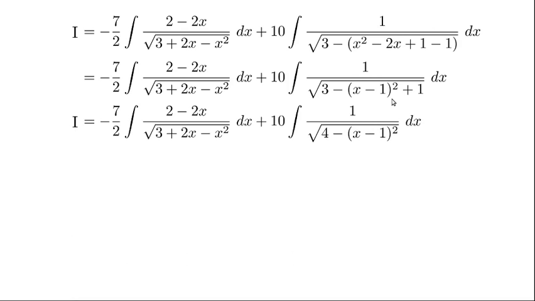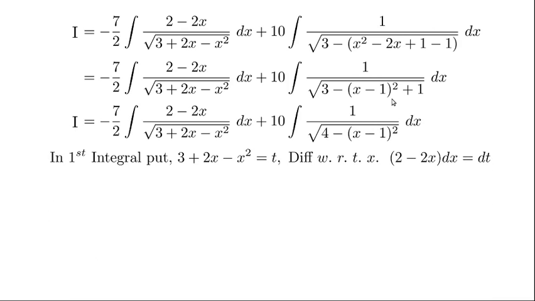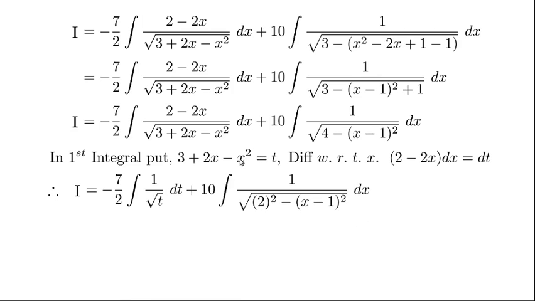And that 4 is written as 2 square. Before that, we substitute for the first part. So in the first part of the integral, put 3 plus 2x minus x square equal to t. Differentiate with respect to x. So 2 minus 2x dx equals dt. So the problem changes to minus 7 by 2 integration of 1 upon root t dt plus 10 times integration of 1 upon root of, now this 4 is written as 2 square minus x minus 1 whole square.